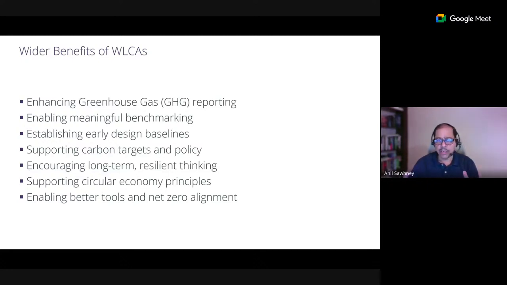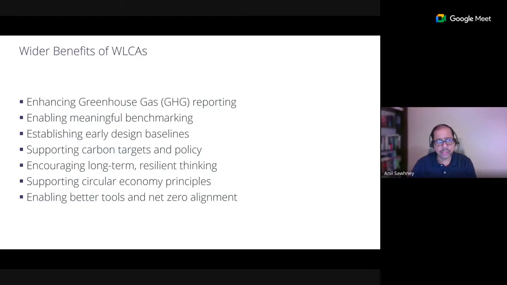It can be applied to an assembly like perhaps mechanical equipment in a building. And it can also be applied at the asset or the project level. WLCAs adopted from LCA into the built environment sector focus right now primarily on GWP, the global warming potential of the emissions. And we measure all emissions right now in carbon dioxide equivalent values only.